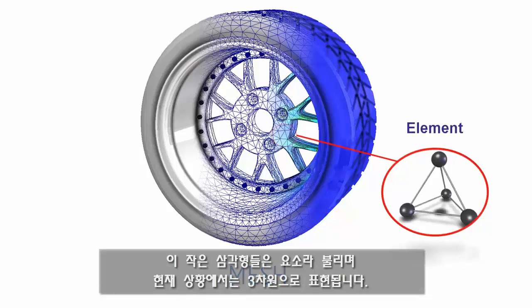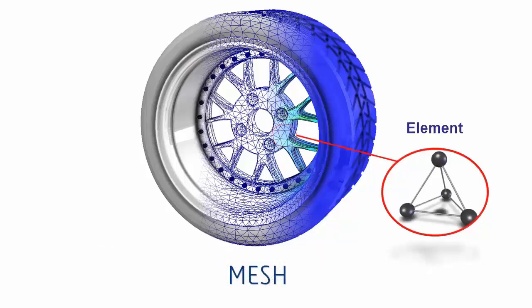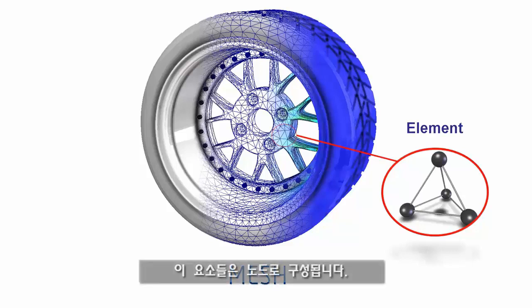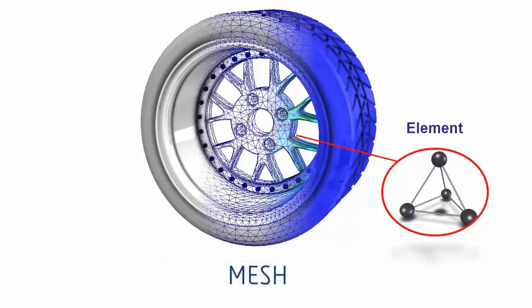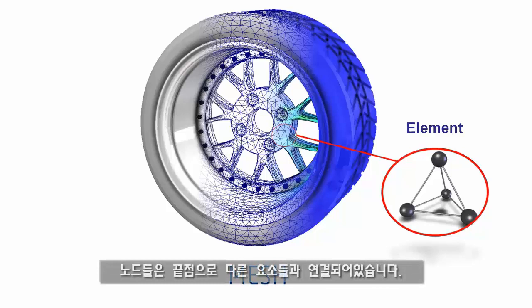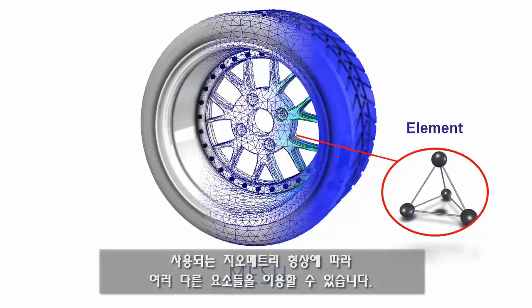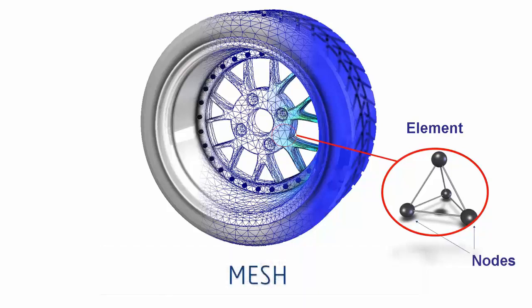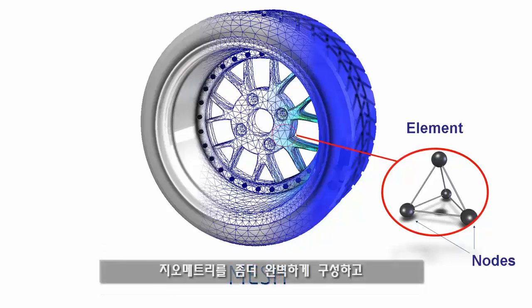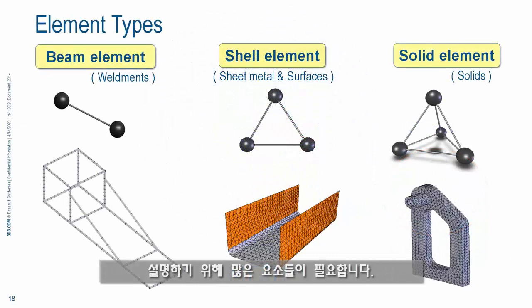They are 3D in this case, and these elements are built up with nodes. These are the endpoints, and the nodes are connecting to other elements. And there are different kinds of elements we can use depending on what type of geometry we're using. So we want to capture the geometry in a good way with a lot of elements describing the geometry.